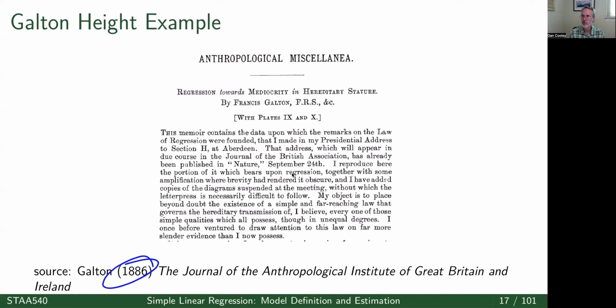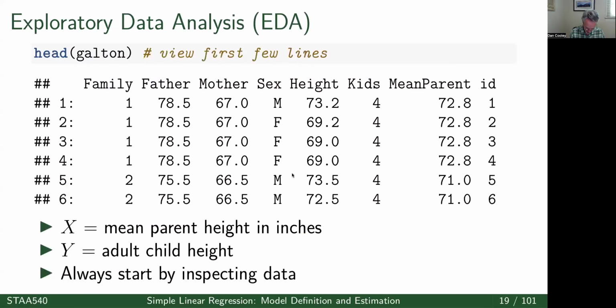This was the first regression analysis, or often referred to as the first regression analysis, and it's where we get the term regression from. So Galton collected data on parents and children's height.